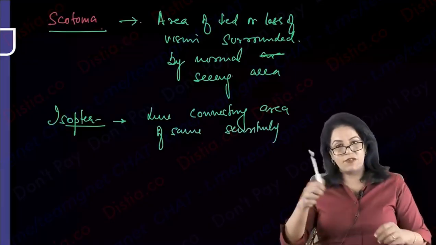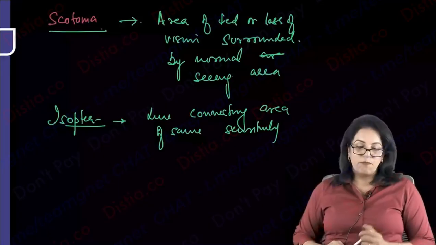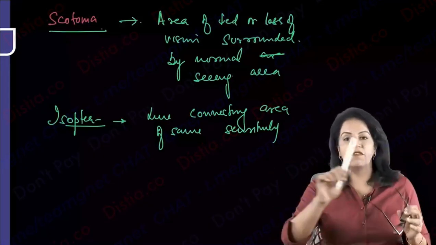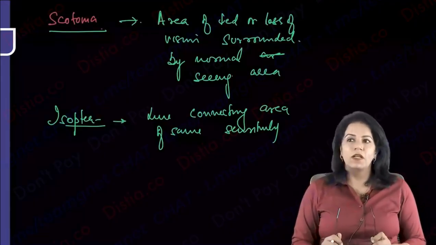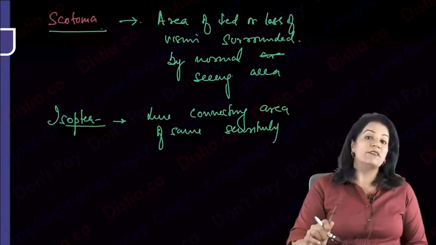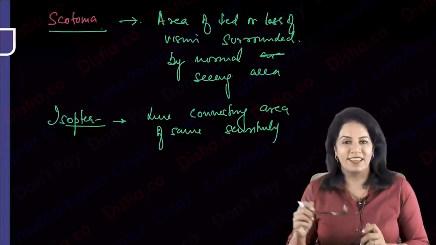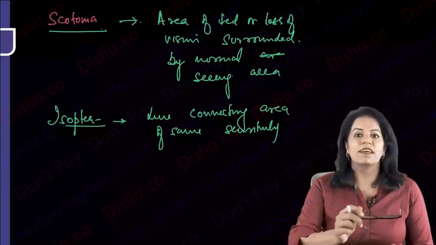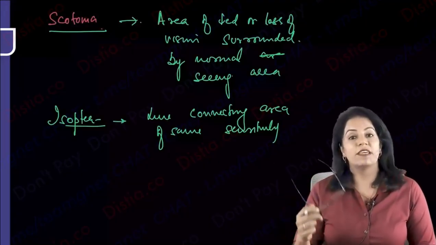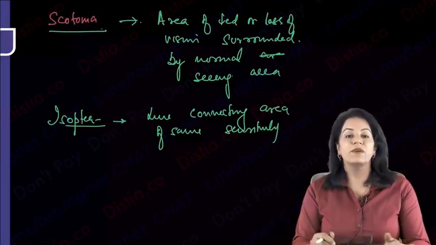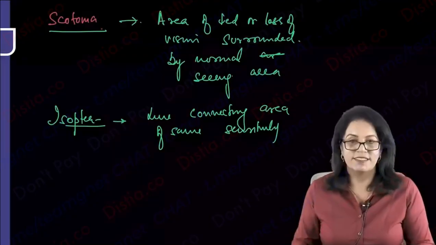If I'm going to take the visual field of all of you, I'm again going to test it in different axes, right? So suppose on different isopters I'm testing your visual field. Now, do you realize that each and every one of you at one area will say, okay, I cannot see, in each eye, right? So every one of us has one area in the visual field definitely where we cannot see, which, you all know, corresponds to the optic disc, and this is what is called the blind spot, correct?